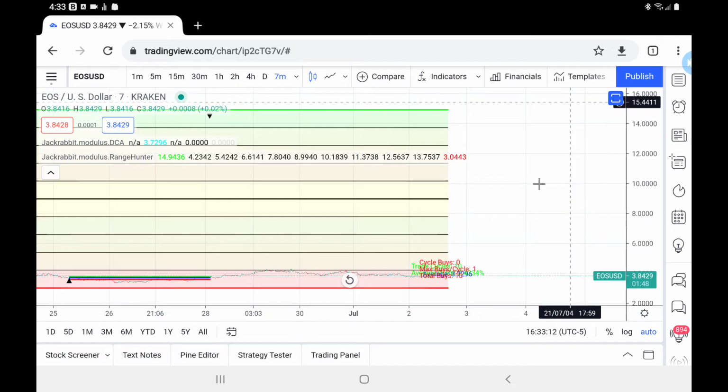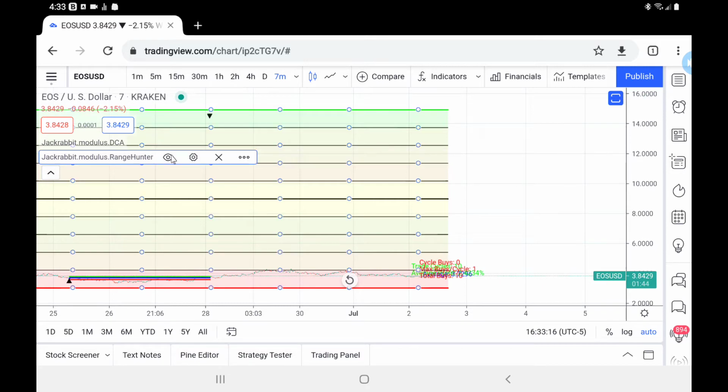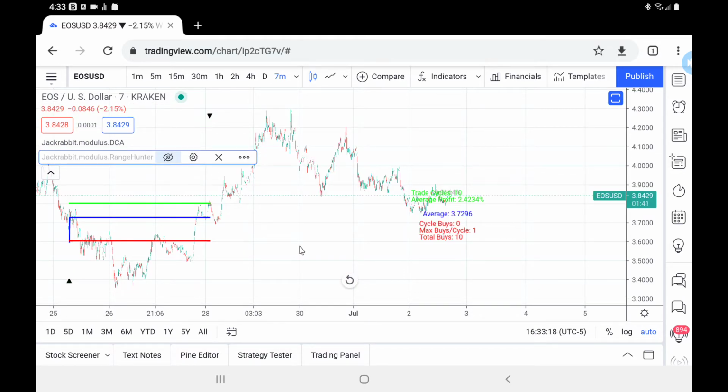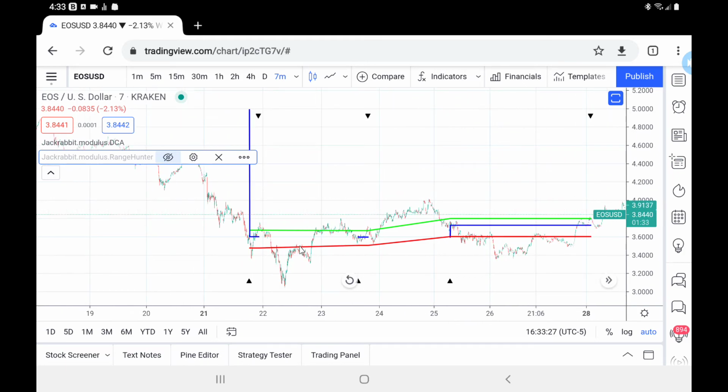So now that we have a clear reference, well, first let's turn off Range Hunter and really see the chart. Not bad, very good. How does it do? Well, it looks like it doesn't stay in a trade very long.